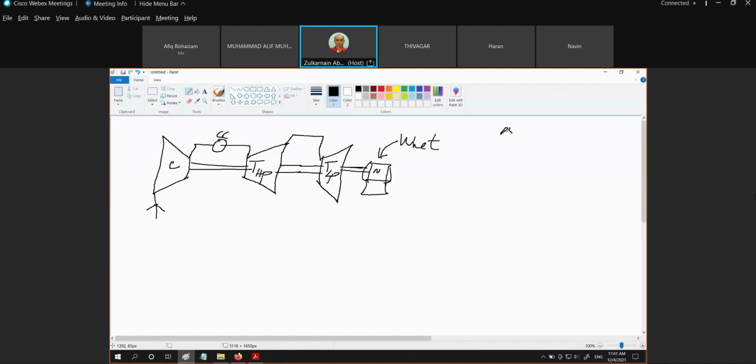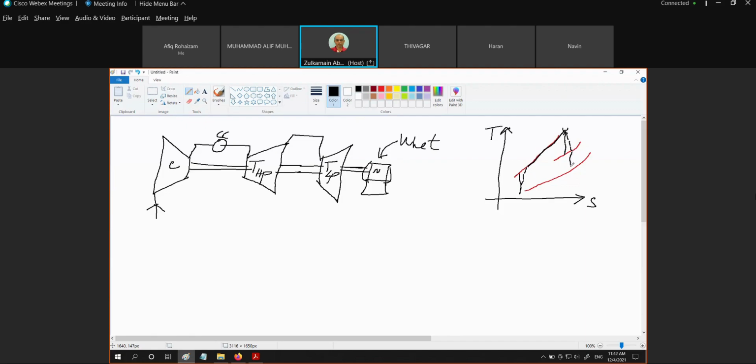As far as the TS diagram is concerned, it will look like this. This is our pressure line, the intermediate pressure. This is our compression process at the compressor side. Let's say we have isentropic efficiency. Now it goes up in the combustion chamber and expands in the first turbine with isentropic efficiency.